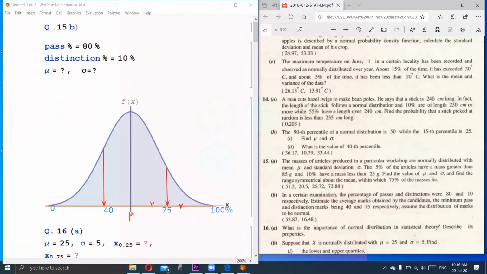All the points above 40, for example, these are the 45, 50, 60, 70, 75, 85, and so on, are considered to be pass, but below are not. So the area above 40 is 80% or 0.8.